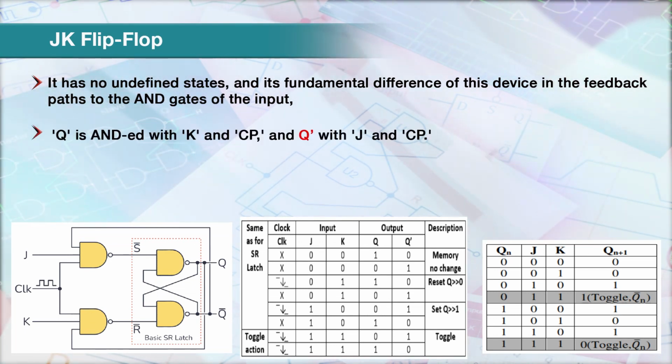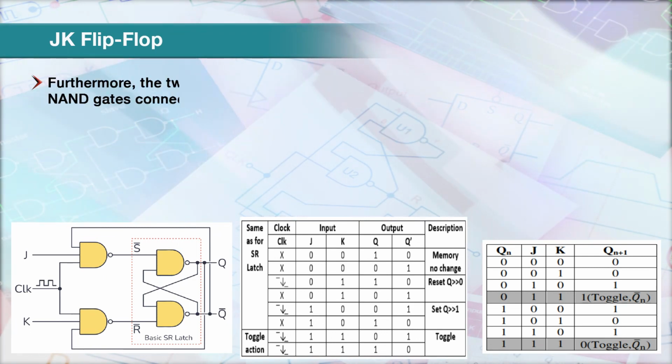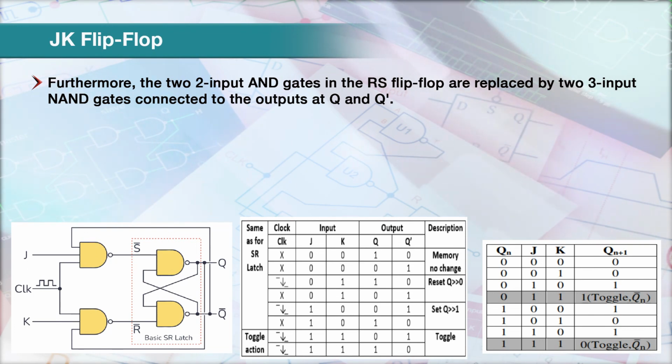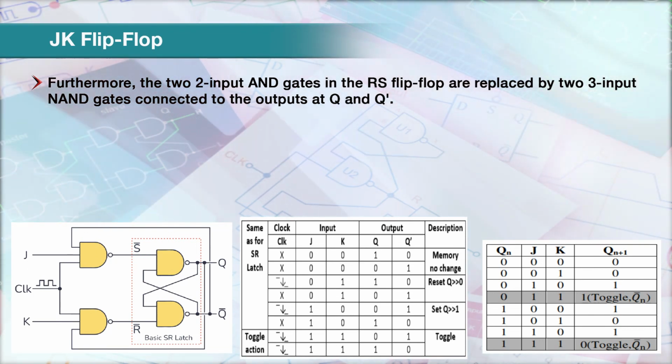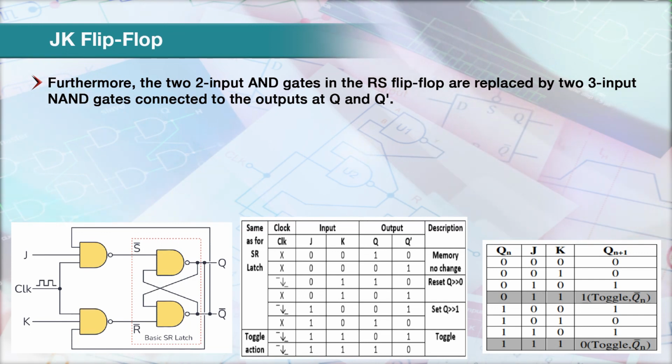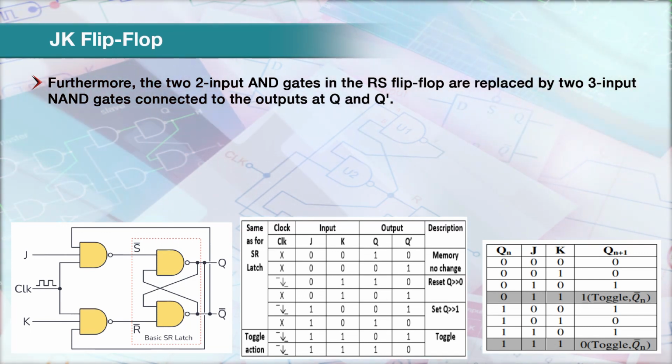Q is ANDed with K and clock pulse, and Q dash with J and clock pulse. Furthermore, the two input AND gates in the RS flip flop are replaced by two 3 input NAND gates connected to the outputs Q and Q dash.